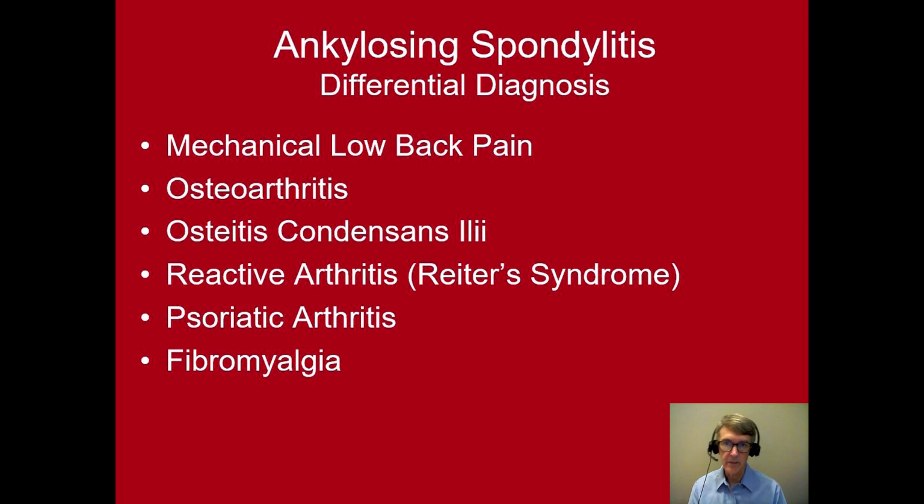And so again, it's probably not too important that we make the difference in the classification because they're all part of the same spectrum of diseases. And then lastly, I listed fibromyalgia. Fibromyalgia can cause low back pain, but historically it's different. Now there's a lot of other things one needs to think about, but these are the top type of conditions.